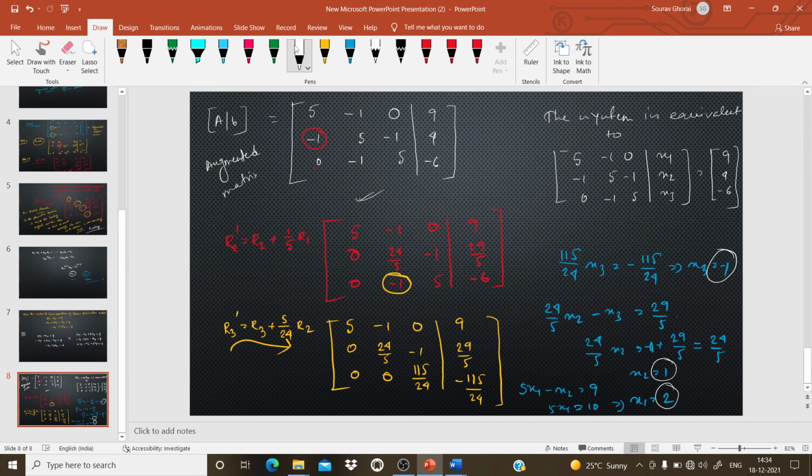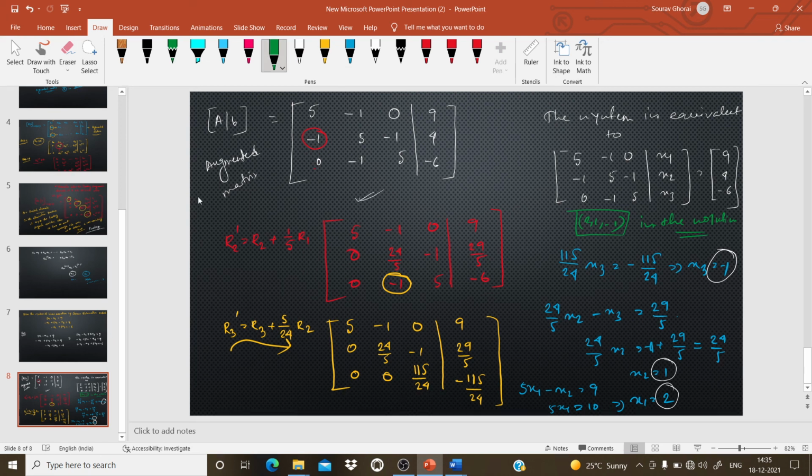These are the solution of the system of linear equations. So (2, 1, -1) is the solution of the given system of linear equations.